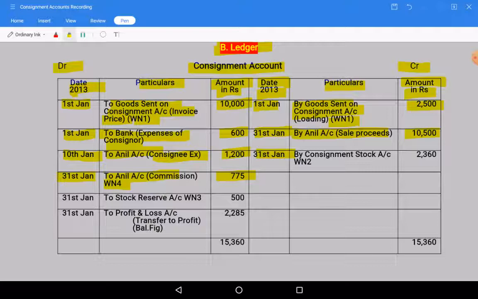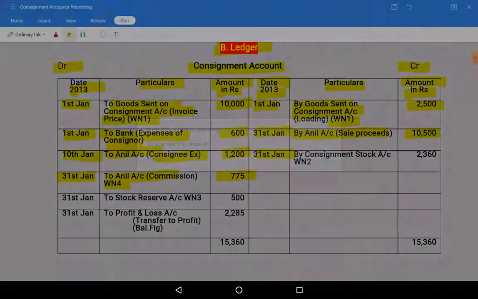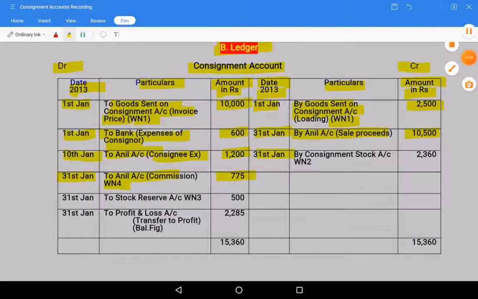In working note 2, there will be consignment stock for 20, and this is also at invoice price. So credit side, by consignment stock 2,360, this you have found in working note 2, and this is also at invoice price. Whenever there is anything at invoice price, the opposite side, its loading, will be recorded.